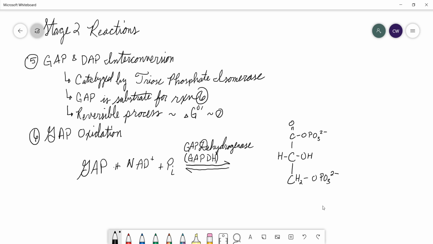Okay, and so this is glycerate 1,3-bisphosphate.